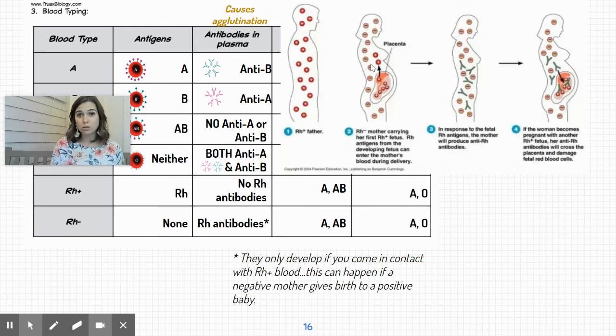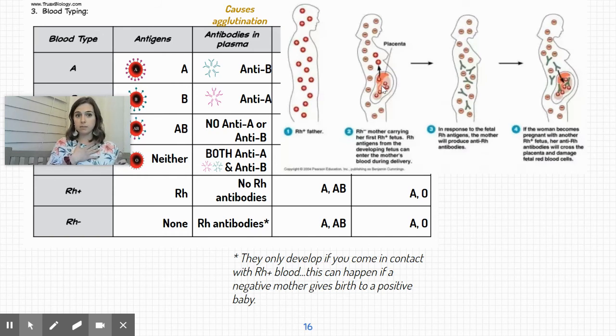But if they don't, what would happen is in the first pregnancy with a positive baby, between the placenta and the mom's bloodstream, there's some crossover. So some of that baby's positive blood would come in contact with the mother's negative blood type. Her body would recognize that as an invader.